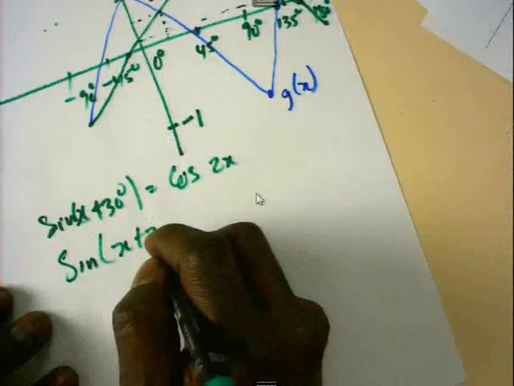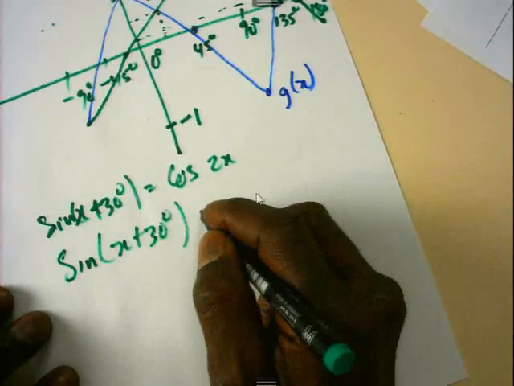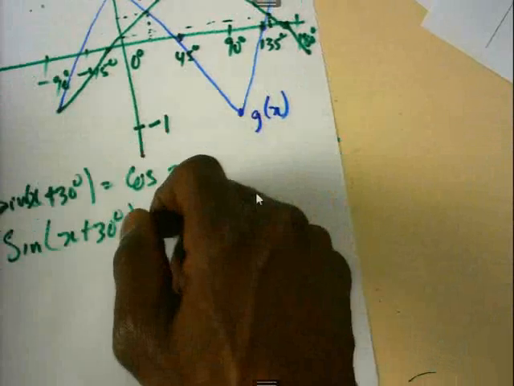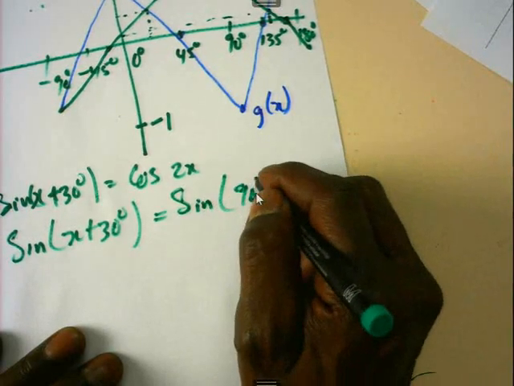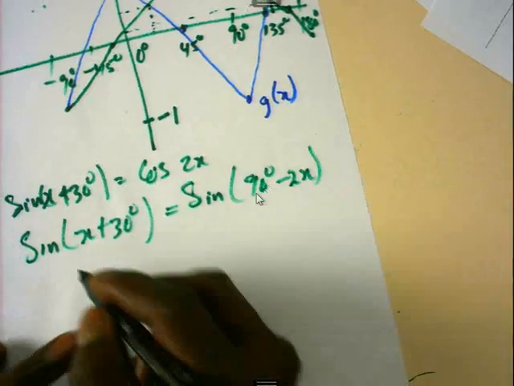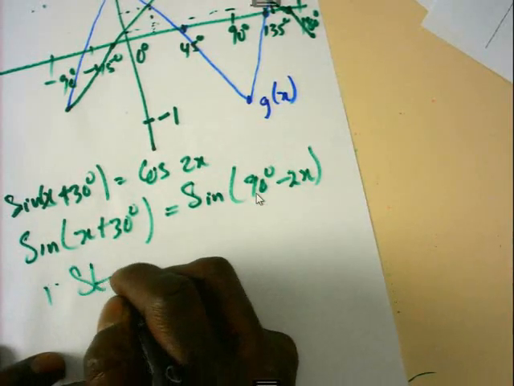We are going to rewrite this sine into x plus 30 degrees, and cosine, we just rewrite it as sine into 90 degrees minus 2x. Now we are going to follow the same steps.